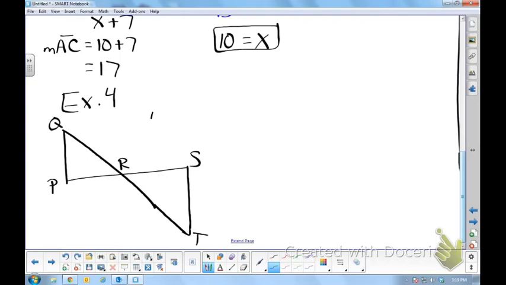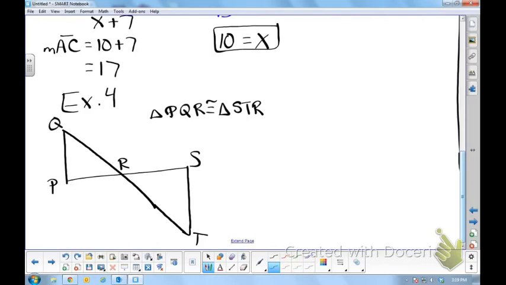Let's say we know triangle PQR is congruent to triangle STR. Again, we're going to find x.